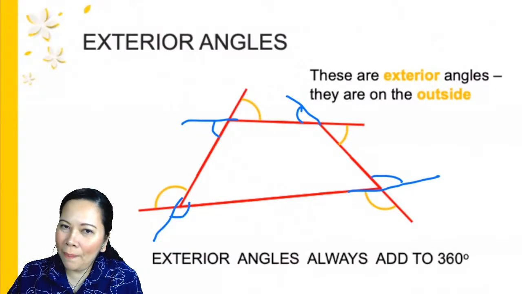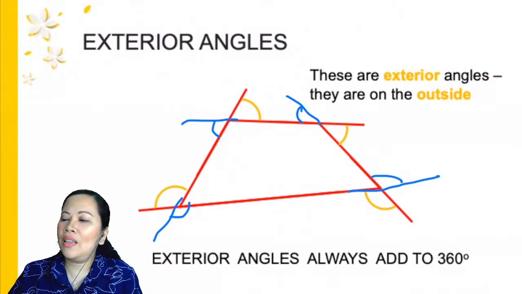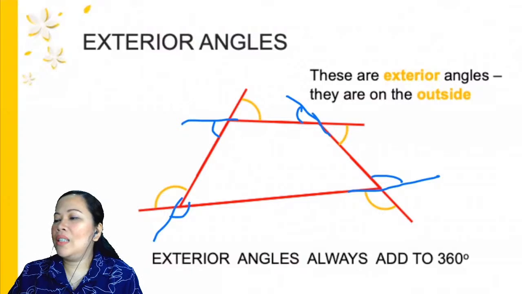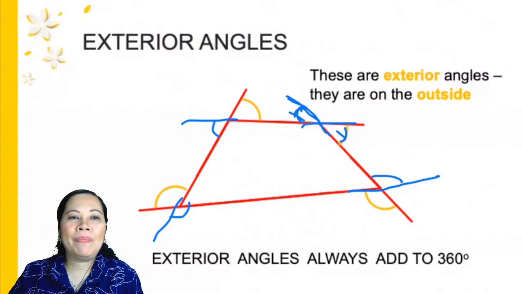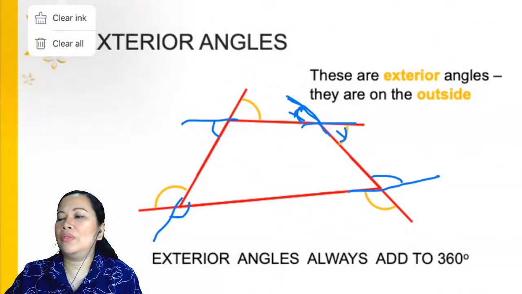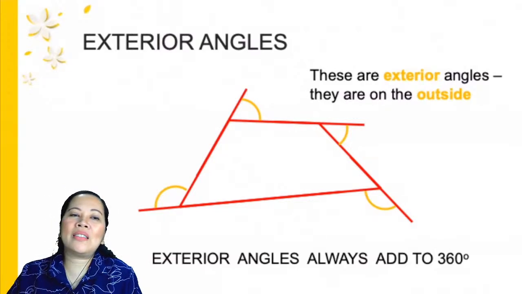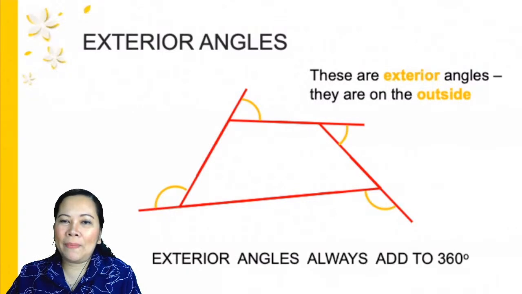Why is it the same? Remember your law of vertical angles? If you notice, these are all vertical angles, so they will have the same measure. Now you know. So exterior angles always add up to 360.